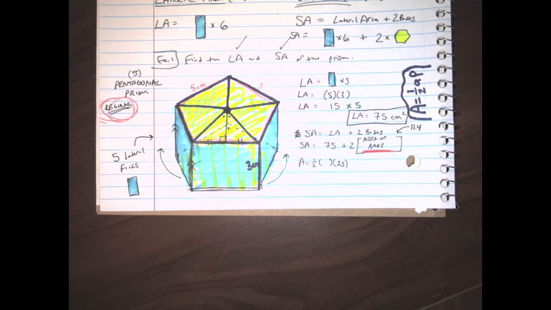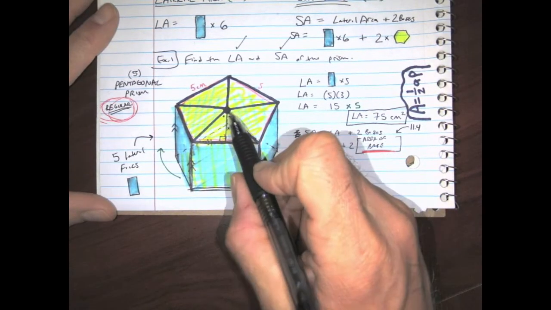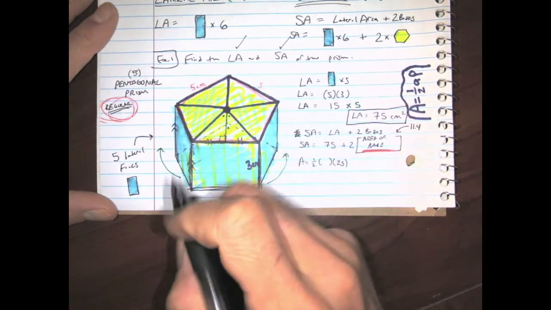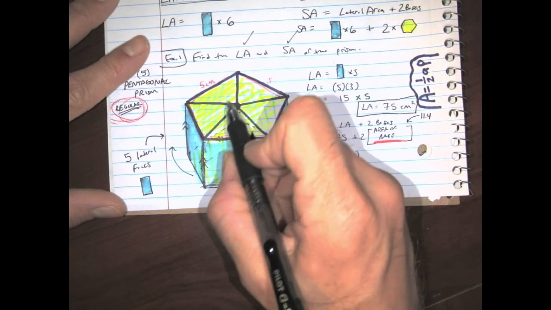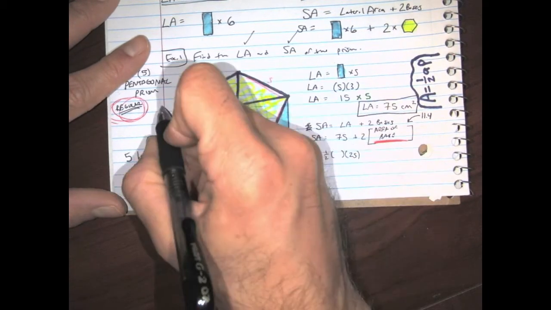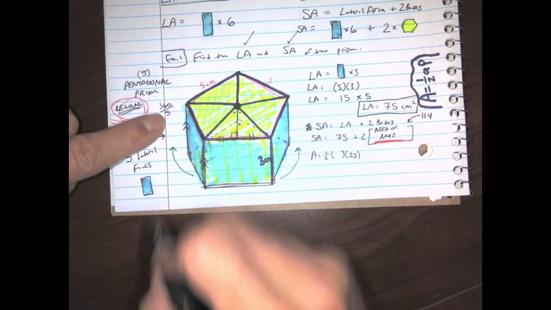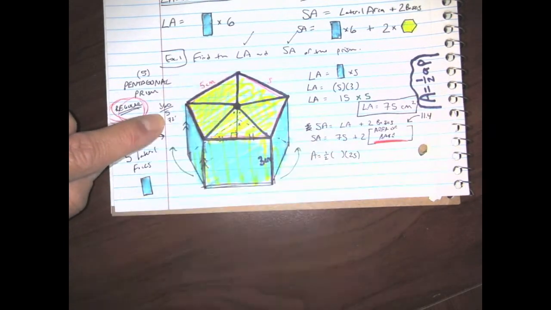I know this is a lot of work, but we're almost done. We've got to get this, folks. I showed you when we found the area to start by working with these central angles. Now because there's 5 central angles here, let's take 360 divided by 5, and I believe that's 72 degrees.